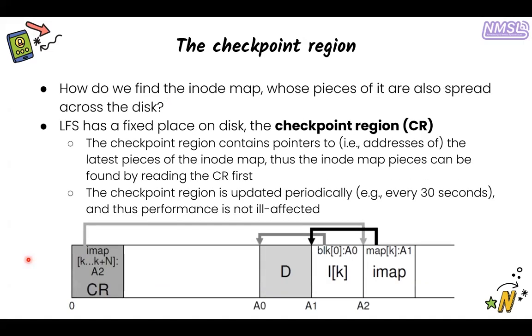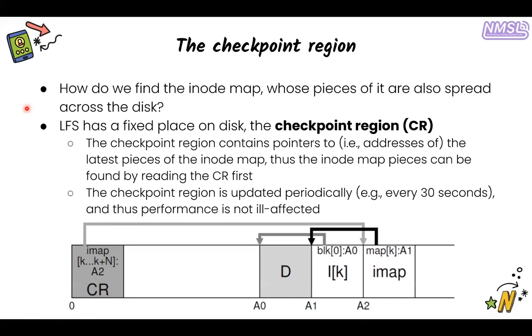Now, you might wonder, hey, did you just say the inode is moving around, scattered, and your solution is an IMAP? Doesn't this also move around? That's why you need something that's fixed in the end.